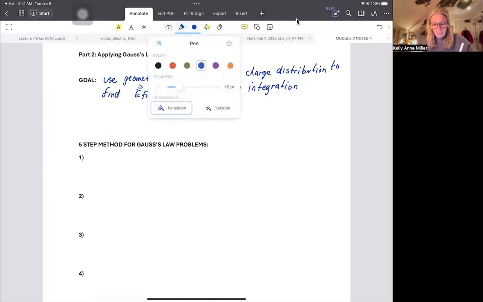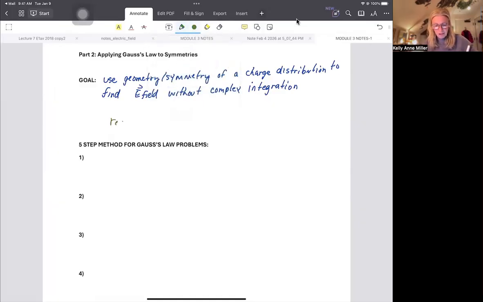So recall in the first video, we said that the flux has two definitions. It's equal to the Q enclosed by some imaginary Gaussian surface that I get to choose myself, divided by epsilon naught.